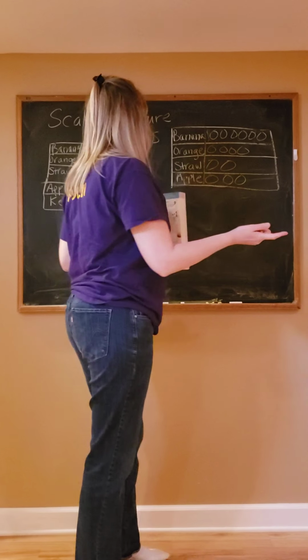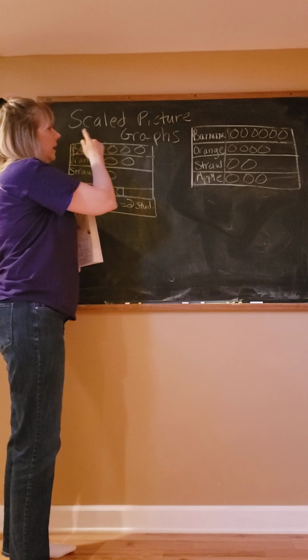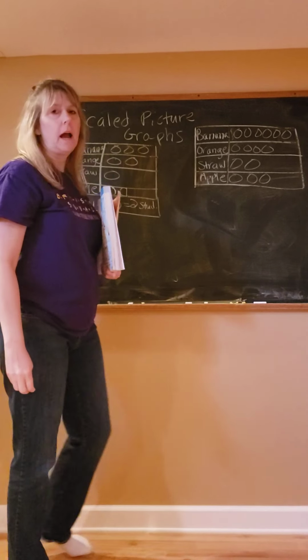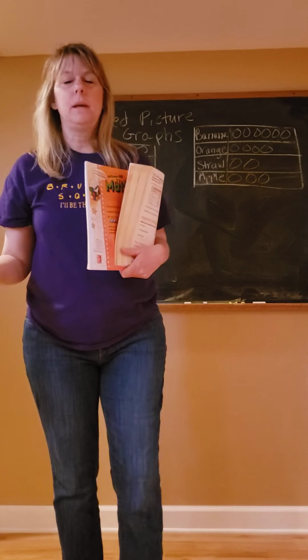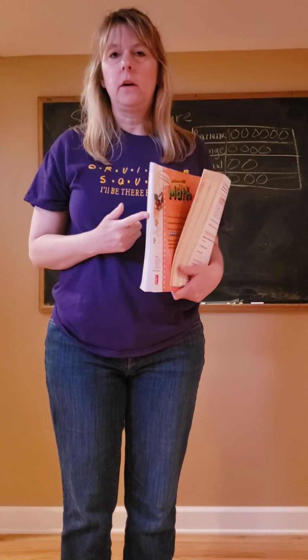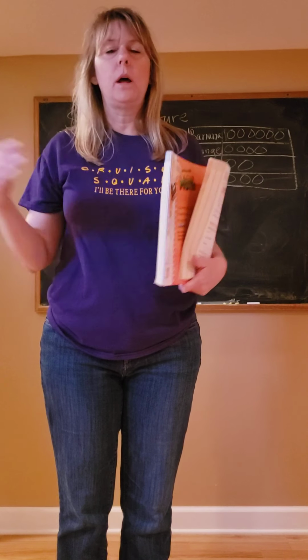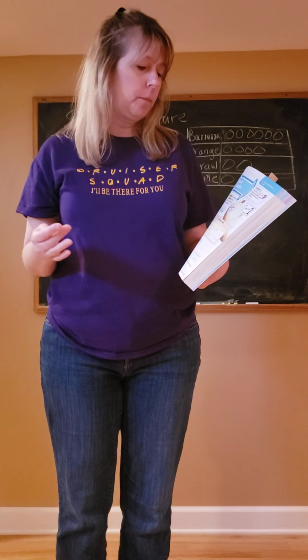Okay, so that gets me to this over here when it says scaled picture graphs. What does that mean if it's a scaled picture graph? It means that one picture is going to represent something that's more than one, whether it's the students or animals or whatever they're asking you about.